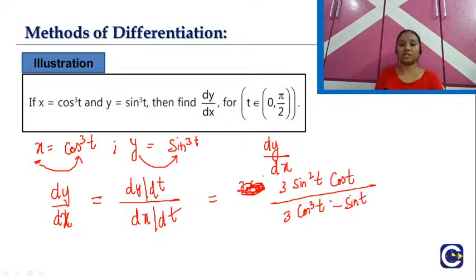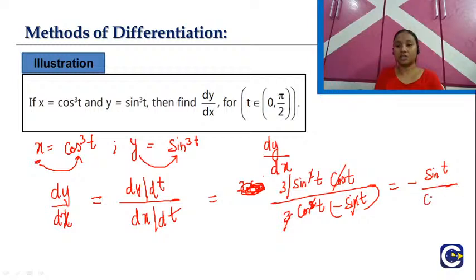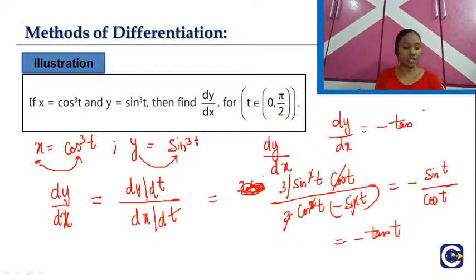So 3 will get cancelled, and here's cos square. So one cos will get cancelled and one sin will get cancelled. We'll be remaining with minus sin t by cos t, which is equal to minus tan t. So for this given function, our dy by dx is nothing but equal to minus tan t.